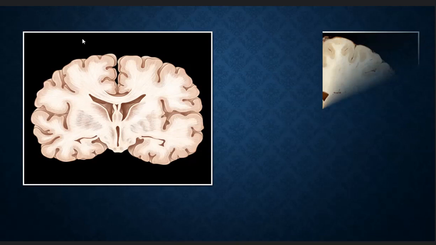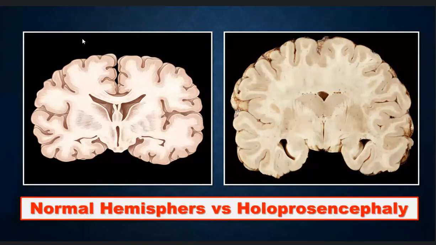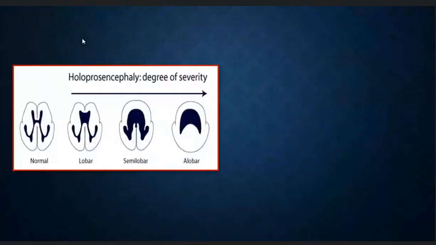There is no differentiation, and you can see how the ventricular system is affected. And there is no corpus callosum, of course. Now, these happen with Patau syndrome.